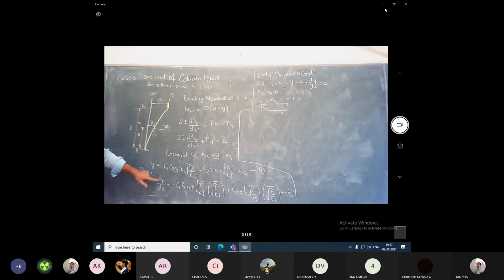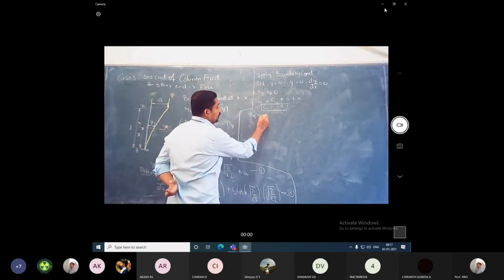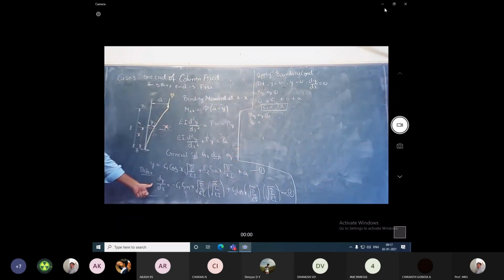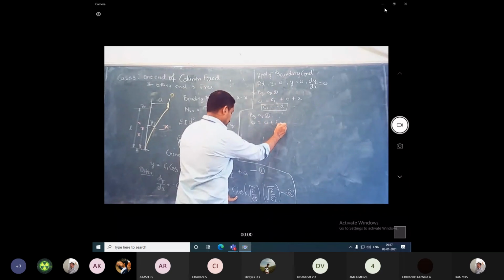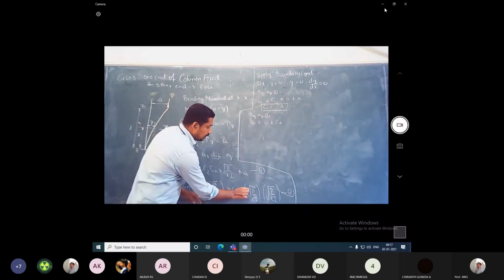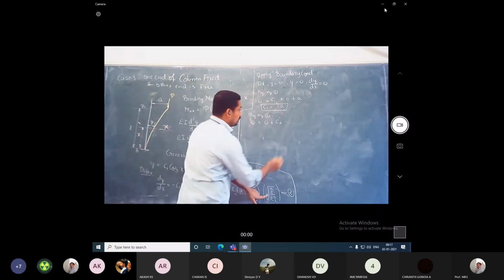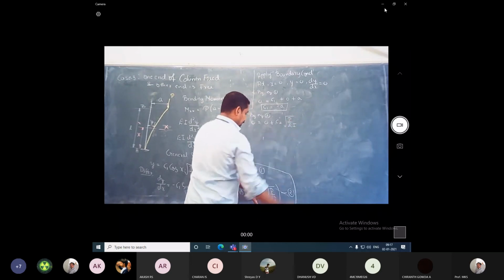Next, by equation 2, you apply the boundary condition for equation 2. So that is dy by dx is equal to 0 by equation 2. So if x is equal to 0, sine 0 is 0 plus c2 cos 0, cos 0 is 1. Therefore, it is remaining with c2 into root of P by EI.